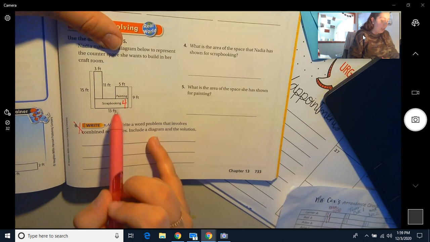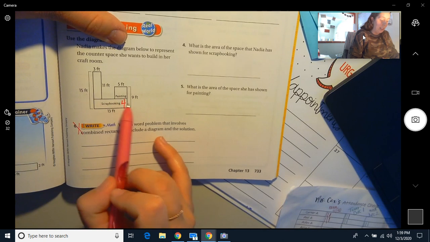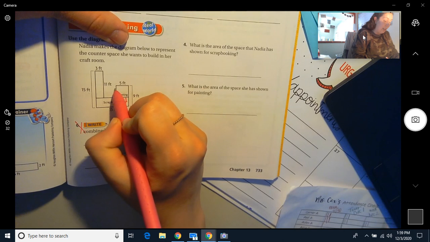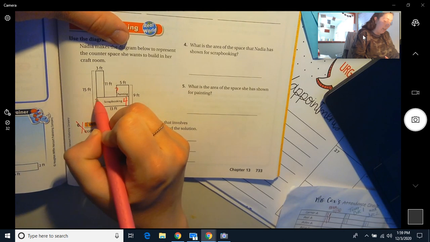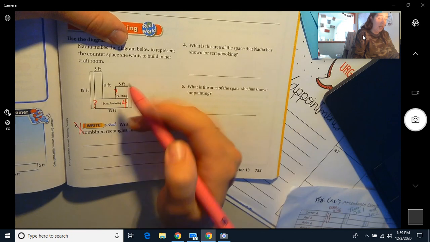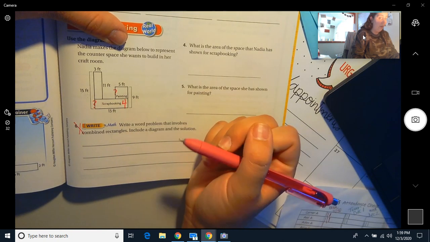Oh, sorry. When I find the height of the scrapbooking shape, then I can subtract that from the 9 to figure out what this is, because I don't know what this side is and I don't know what this side is yet. Okay? So you're going to have to use some critical thinking when you figure it out.